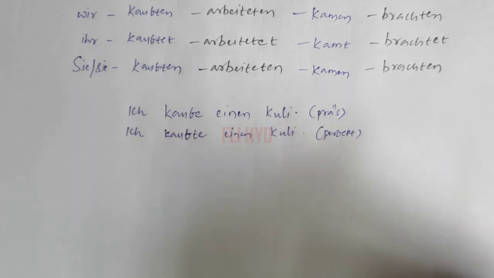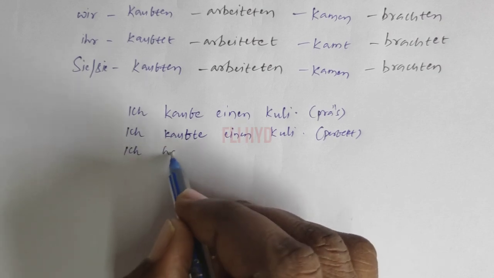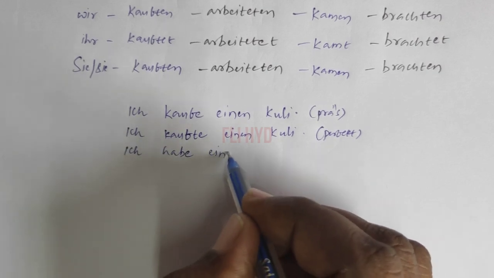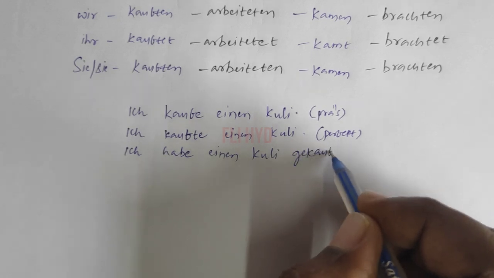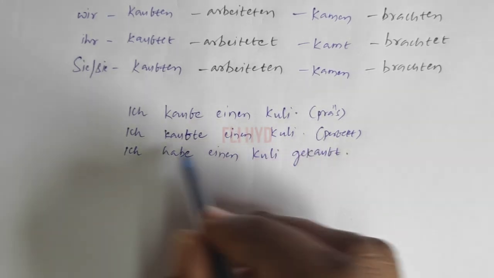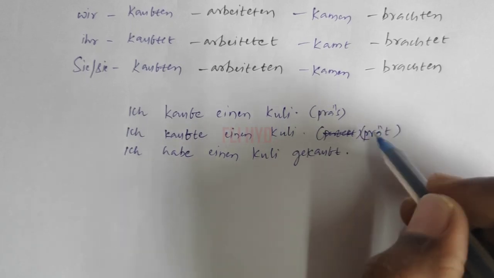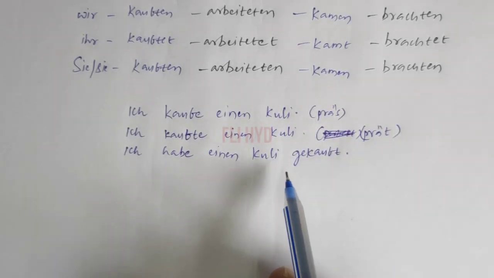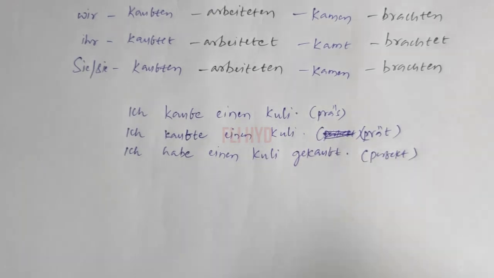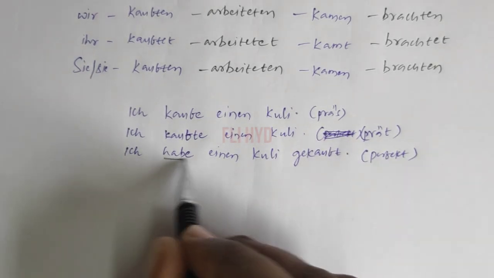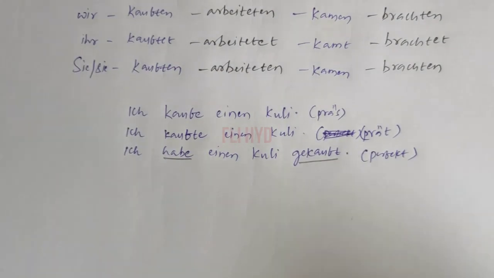Next, I'm changing that same sentence into present perfect. Then haben plus V3. Ich habe einen Kuli gekauft. Oh, Ich kaufte einen Kuli is not perfect, it's Präteritum. So Ich habe einen Kuli gekauft: haben plus V3 form, and V3 comes at the end of the sentence.